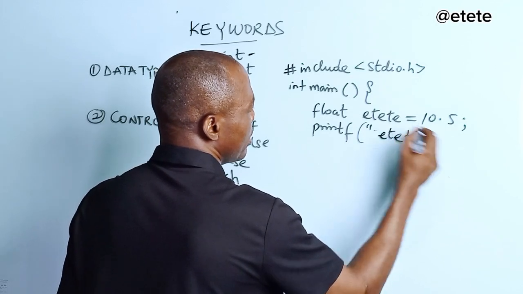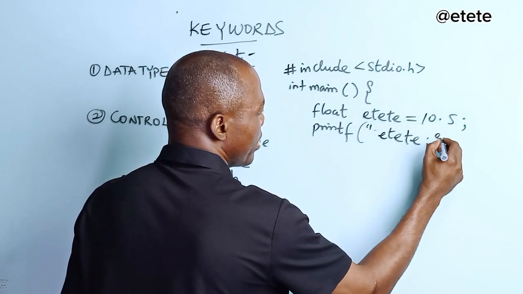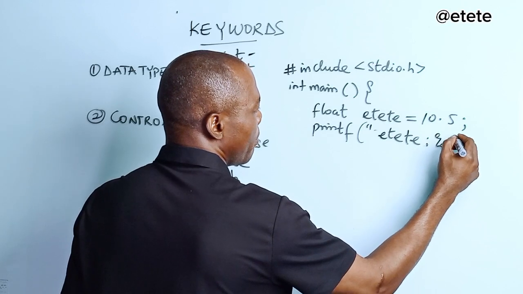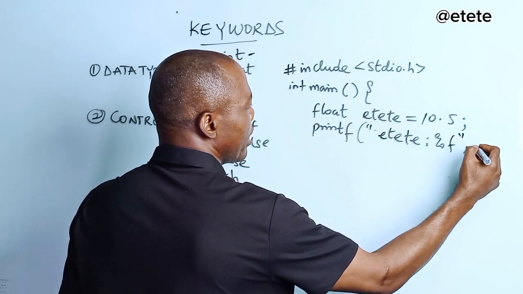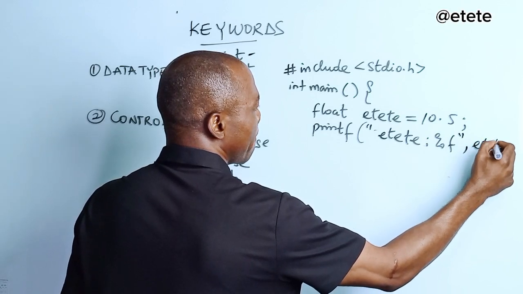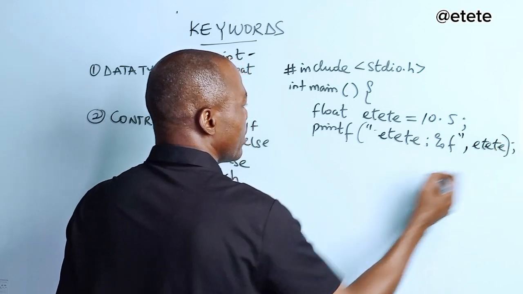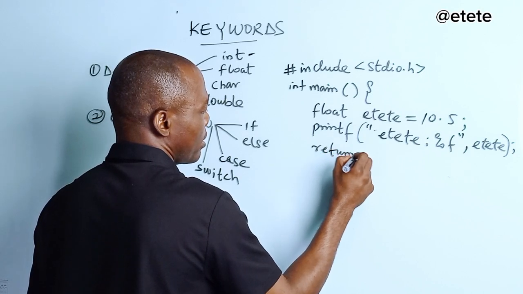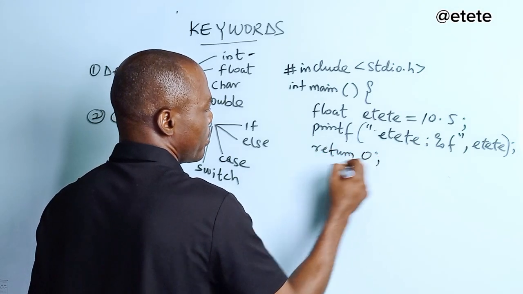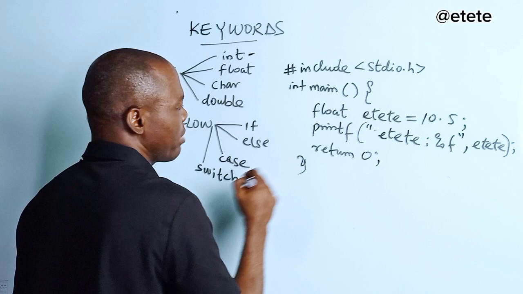Then this one is going to expect percentage %f. Then I close this, comma. Then I will type a tete here. Then my statement. So I say return 0. Then here I will close my program.